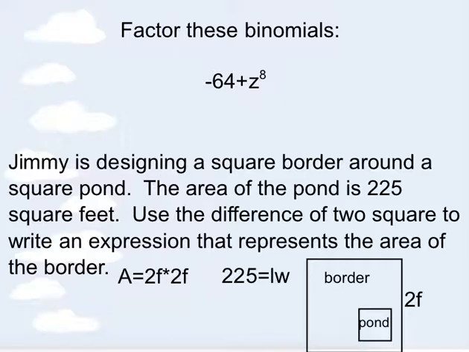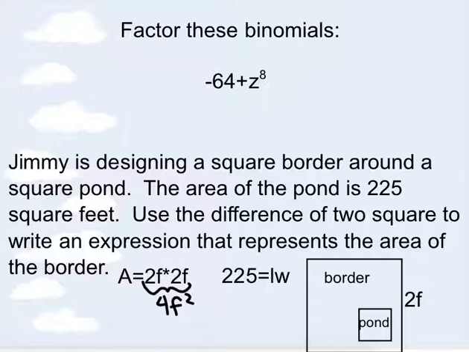But let's look at this word problem. Jimmy is designing a square border around a square pond. The area of the pond is 225 square feet. Use the difference of two squares to write an expression that represents the area of the border. So really, we have the area of the whole thing, which is 2f times 2f, or 4f squared.